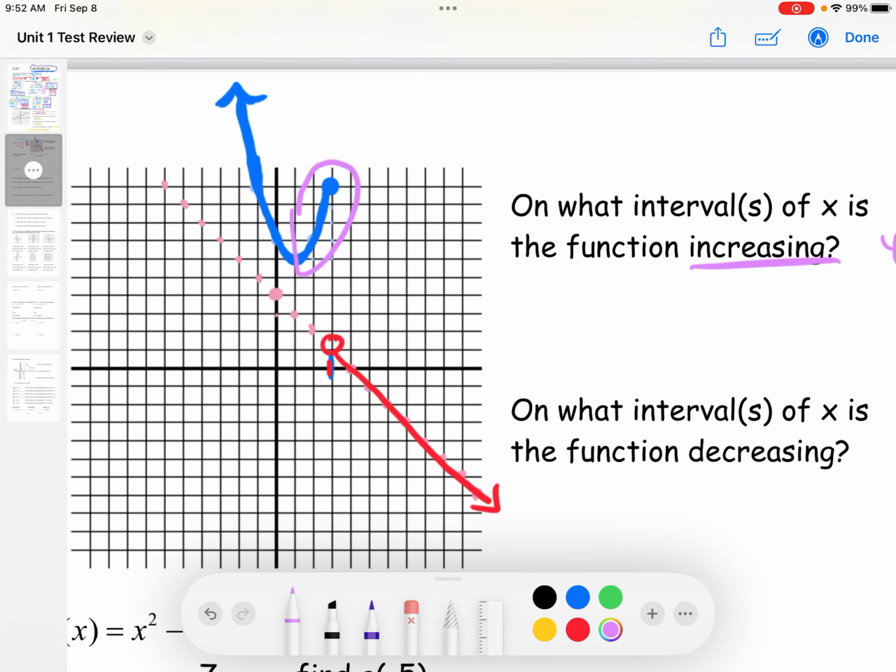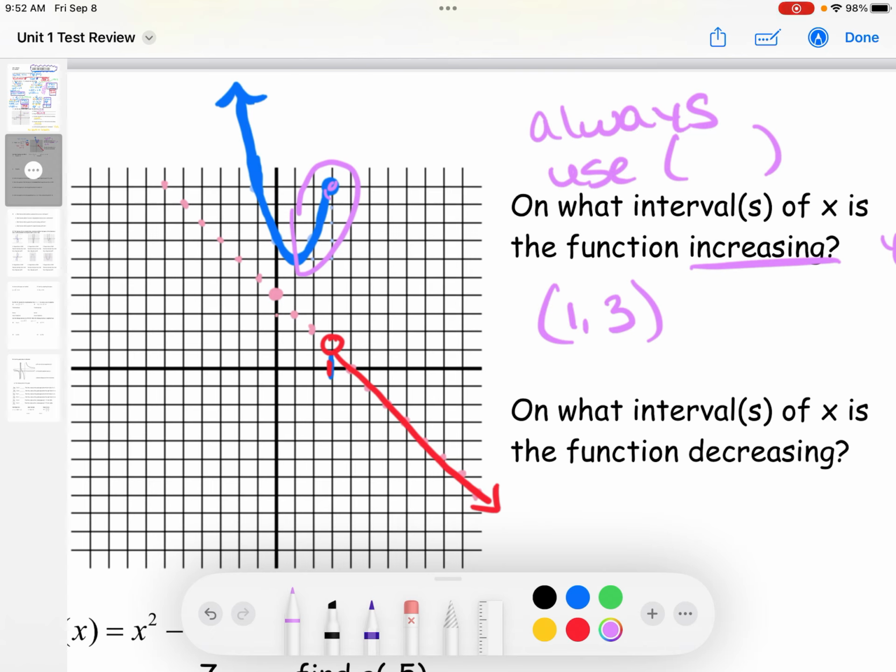So that's from the vertex of the parabola, which is 1, to the end of that piece, which is 3. And on intervals of increase, decrease, we always use parentheses, not brackets. Always use parentheses on those intervals.